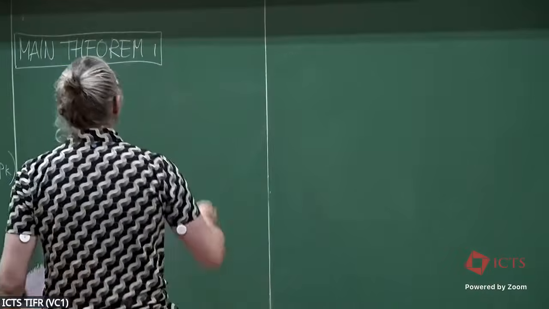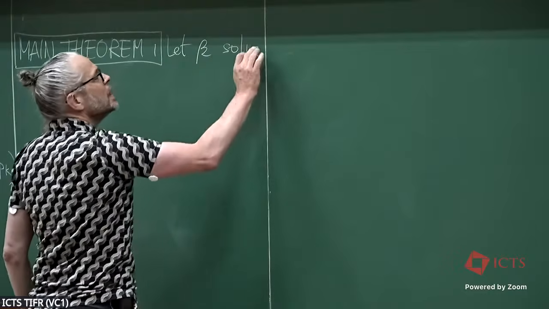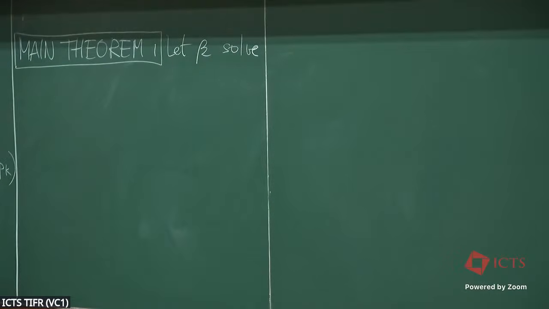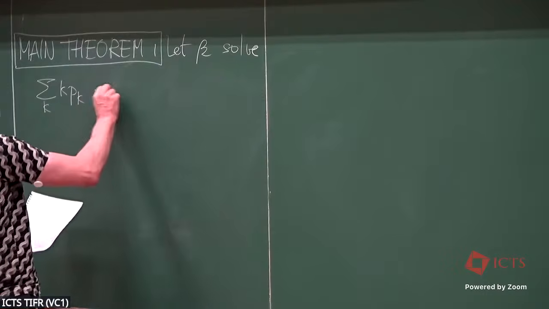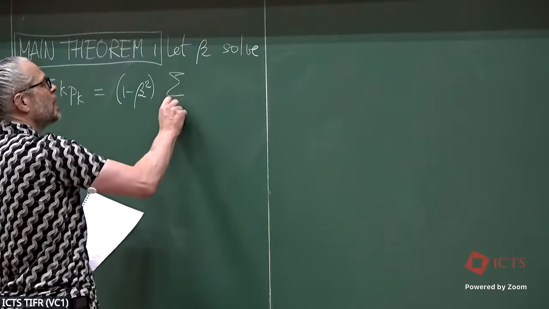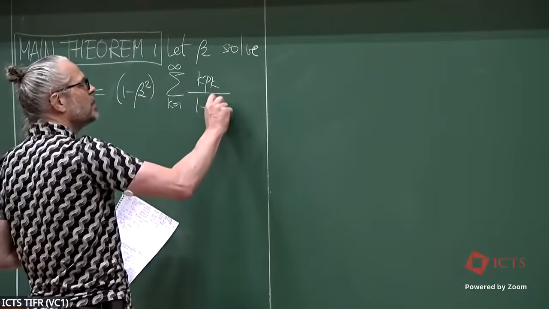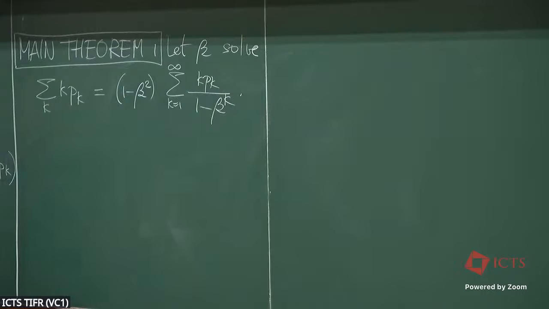This is in terms of a parameter beta, which is the unique solution to the equation (you have to prove that) where the sum over k times pk, which is nothing but the expectation of D, is equal to 1 minus beta squared times the sum from k is 1 to infinity of k pk divided by 1 minus beta to the power k. A bit of a weird equation. We'll later see where this equation comes from, and also what the interpretation of beta is.